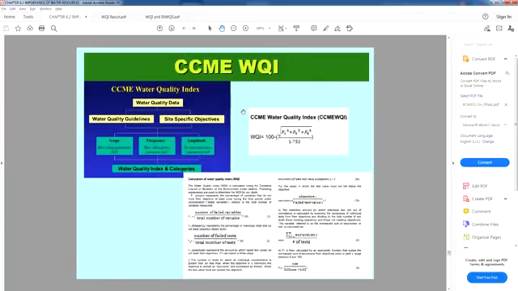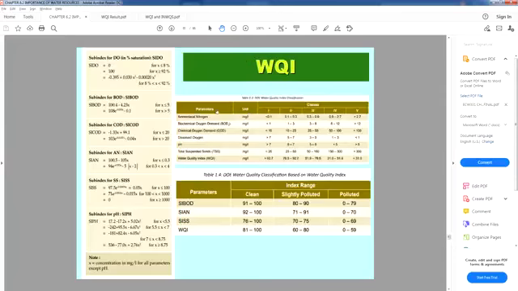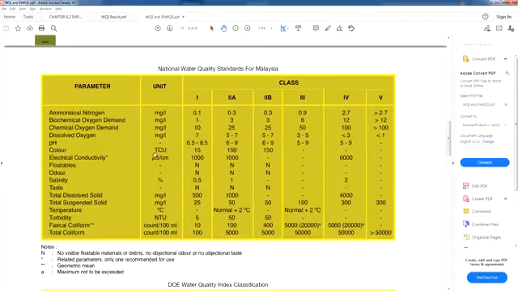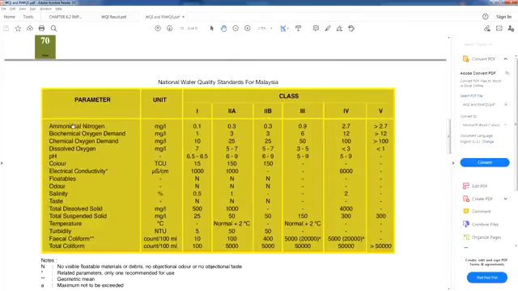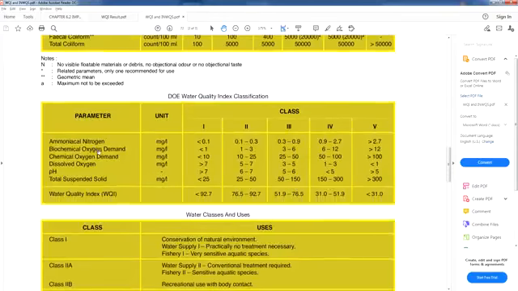Sebenarnya WQI ni, Water Quality Index yang kita buat calculation tadi, it is not as accurate as the INWQS, because WQI dia consider hanyalah 6 parameter saja. But kalau you tengok NWQS, actually NWQS akan consider a lot of parameter. Nampak ni ada bermacam-macam parameter. Tapi kalau WQI ni adalah consider 6 parameter saja.